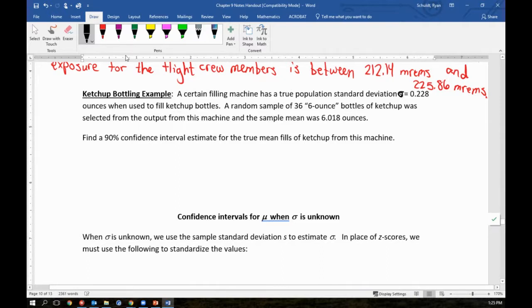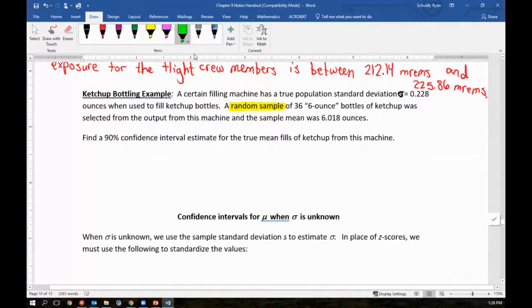So here they just ask us to find the interval. We don't have to interpret it, we just have to find it. But before we find it, we have to go through and make sure. We don't have to write this down, unless you want to for completeness. First, is it random? Do they tell us it's a random sample? Yes. So that marks off that random sample. Good. Now, sample size.